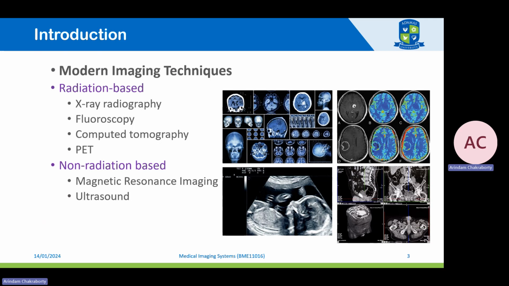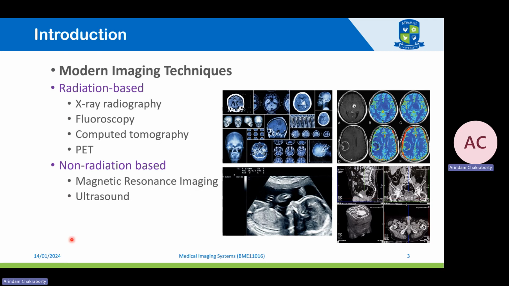Apart from X-rays, there are other radiation modes which are mainly nuclear based, that is positron emission tomography or simply PET. Popular non-radiation based ones are MRI, or magnetic resonance imaging, which uses a strong magnetic field to image internal structures, and ultrasound, which uses, as the name suggests, high-frequency sound in the megahertz range.